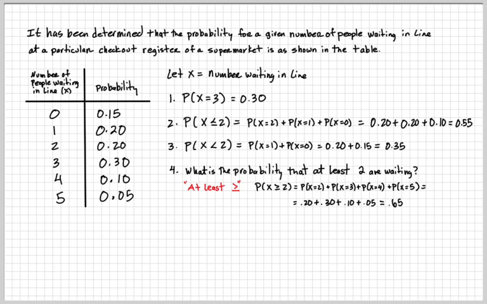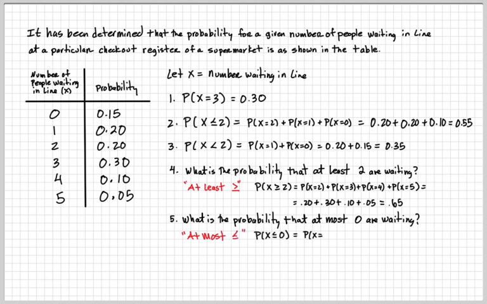All right. Next, what is the probability that at most 0 are waiting? At most. So at most is less than or equal to. So that's the probability of X less than or equal to 0, right? And what is that?